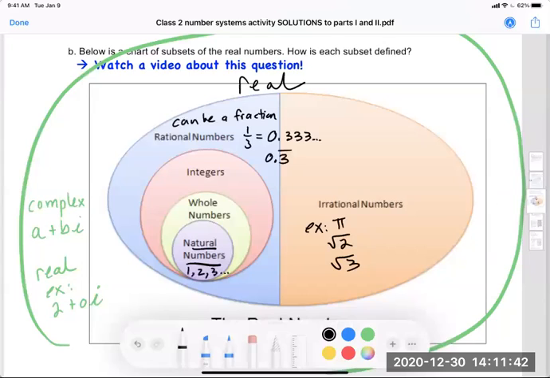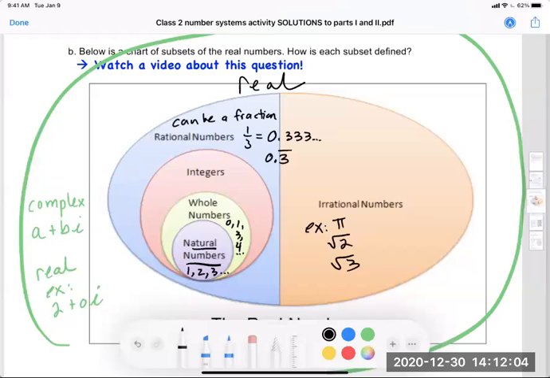They start with 1 and 2 and 3, etc. Whole numbers include the natural numbers, but they add 0 into the set. So they start at 0. You could also think about this developmentally. There's a point when a child will come to understand that 0 is a number.